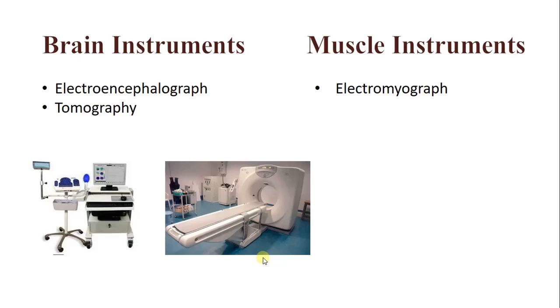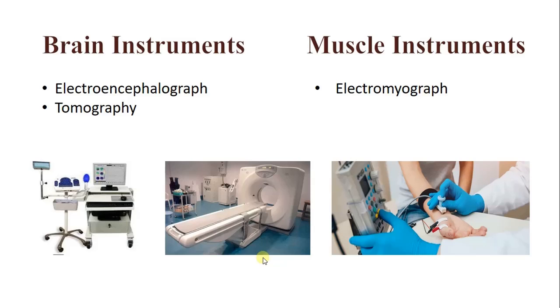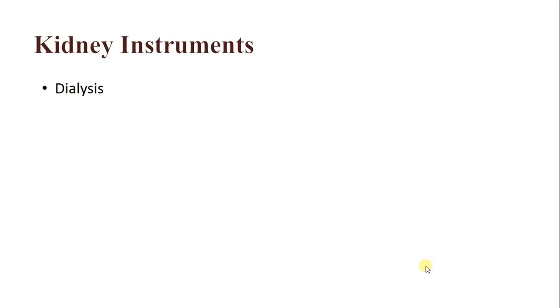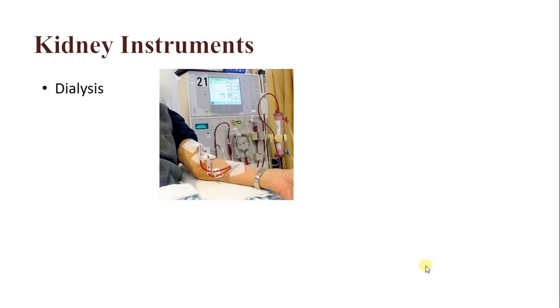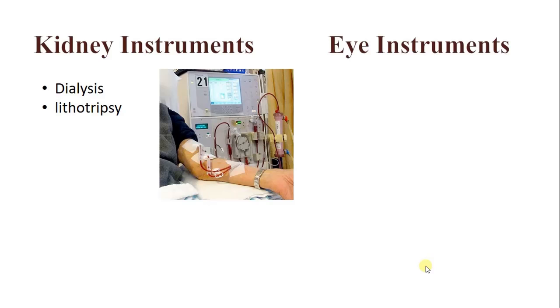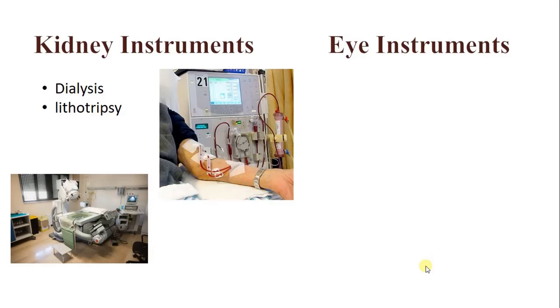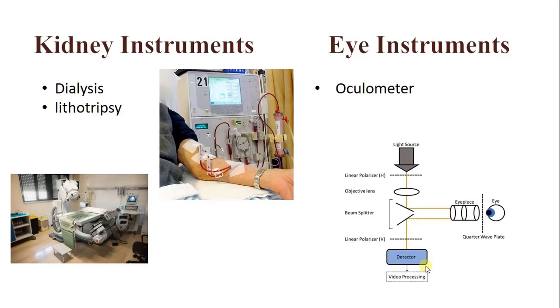It is called as EMG. You can see in the figure the EMG is carried out, and you can see it over here. The second is muscle tomograph. Instruments related to kidney, we have dialysis machine, lithotripsy. Related to eyes, we have oculometer, you can see the figure, and the aid for blind.